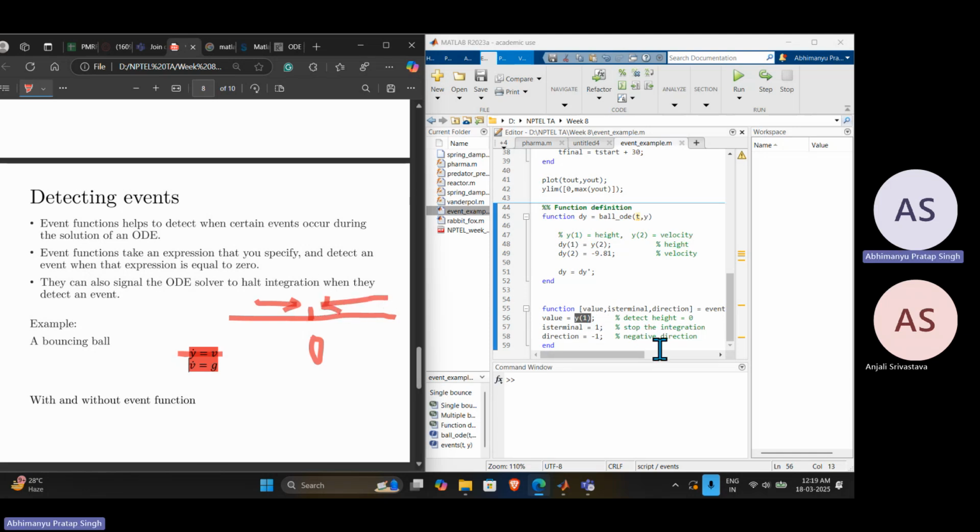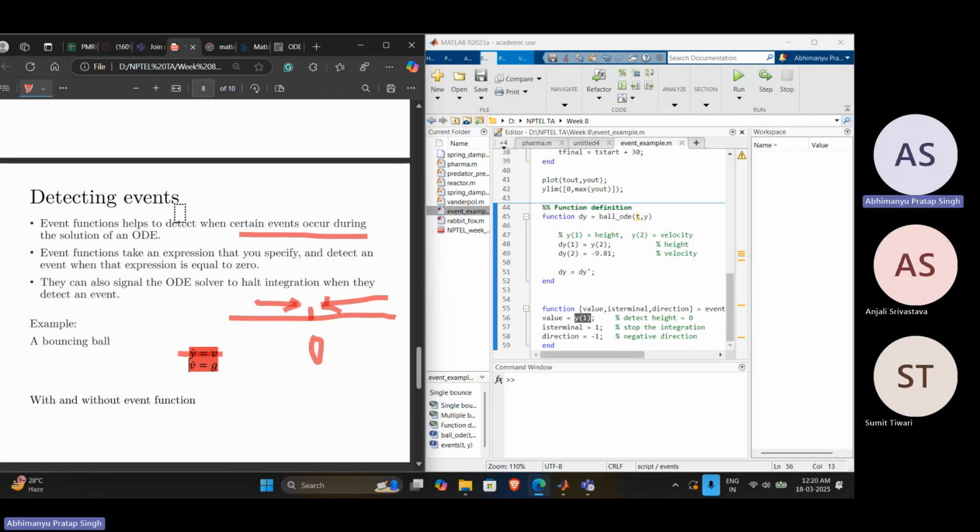So we just need to mention from which direction we want to cross this 0. In this case, it is the negative direction, because my 0 is over here and the ball is coming from the top.